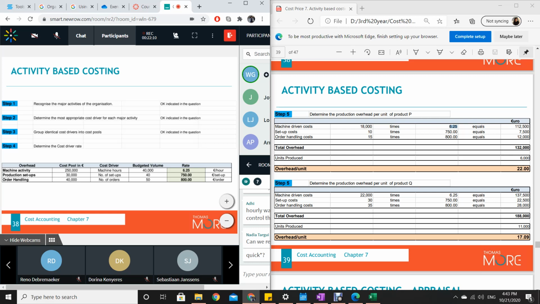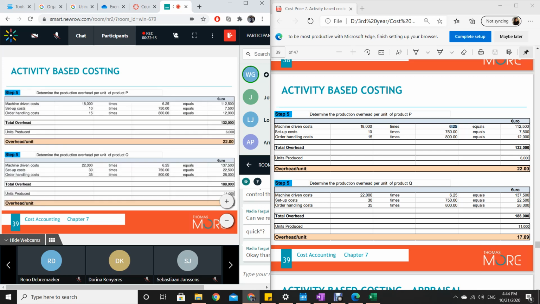Maybe it will become not 250,000, but there is another 100,000 for machine maintenance, and then you put it together, and from these two activities that have the same cost driver, we can calculate one ratio. Then step 4 is the calculation of the ratio based on the ones that have the same cost driver. So always on one cost driver, you take the rate, and the rate you apply on the different points for the specific product.